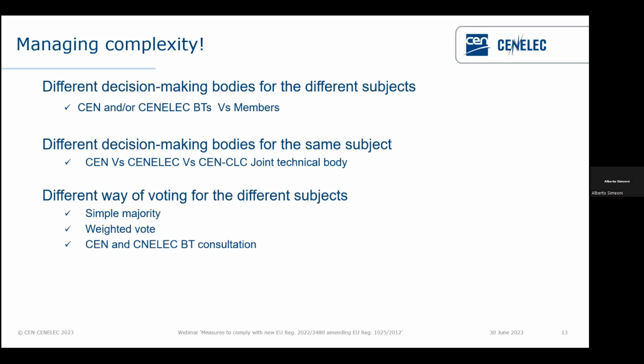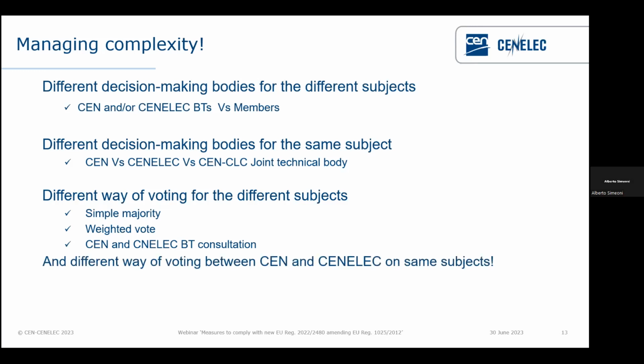Then we also have different ways of voting for different subjects. You know that some items, for instance the EN, are approved via weighted vote. The TR are approved by simple majority. And then we have the CEN-CENELEC BT consultation, which is different from the above and has different rules. And to add to the complexity, we have different ways of voting between CEN and CENELEC on the same subjects.